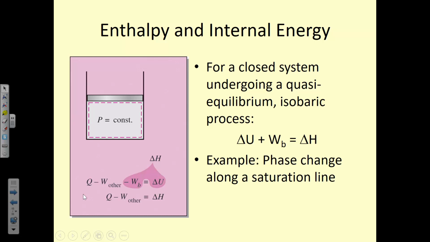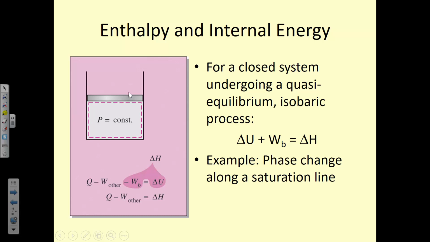So it has an energy state that's represented by the internal energy, and then it also has this additional term, this boundary work term, or in the case of a flowing fluid, a pressure times a volume term, which can be combined together to give you another term called enthalpy. So enthalpy is a combination of that internal energy of the fluid plus the energy required to move it. Okay? And it shows up in a closed system when we have boundary work, because that fluid is expanding and contracting within our system.